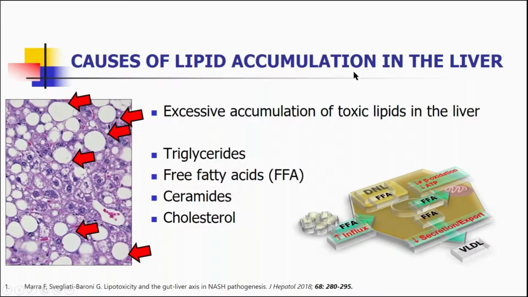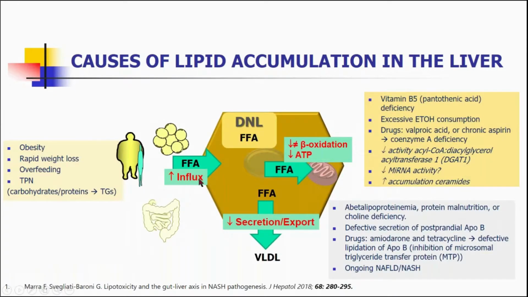When we talk about causes of lipid accumulation, we have to consider excessive accumulation of toxic lipids like triglycerides, free fatty acids, or metabolites like ceramides or cholesterol. Now, if we consider the increased influx of free fatty acids, this might be due to obesity or rapid weight loss or overfeeding or total parenteral nutrition.